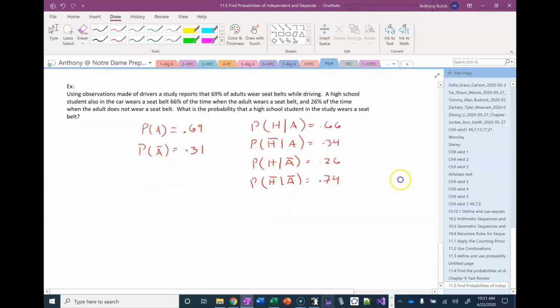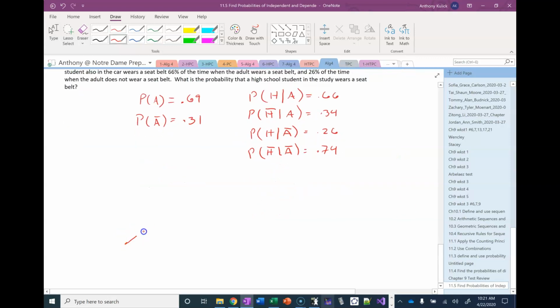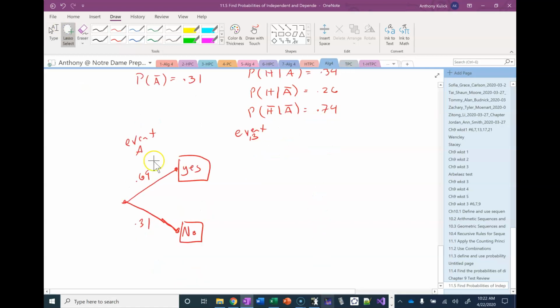Okay, so we have our event A going on here, which is whether the adult wears their seatbelt or not. So we say 0.69 is yes, and 0.31 is no. And then our second situation, our event B, is whether the high school student wears their seatbelt or not.